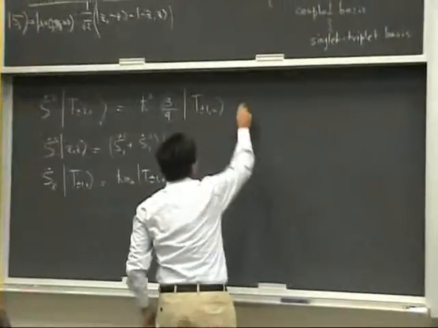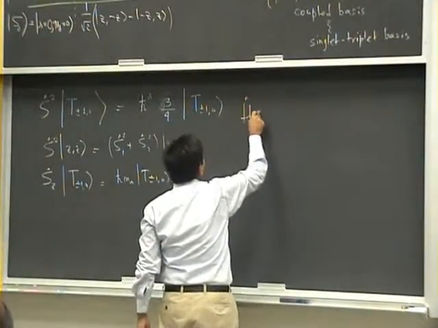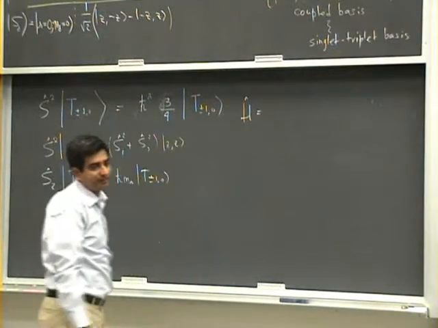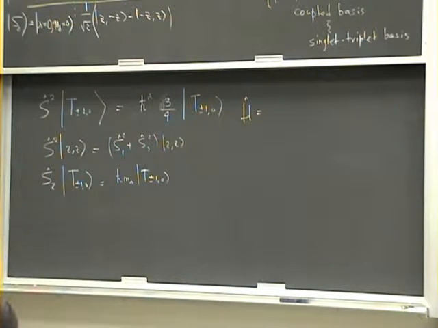If I were to write the Hamiltonian in terms of the singlet triplet basis, what kind of matrix would result? A 4 by 4, but any special properties of this matrix? It's going to be a diagonal matrix. And what are the elements of this diagonal?